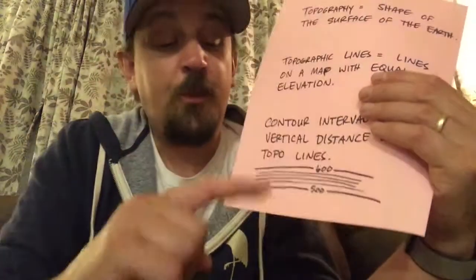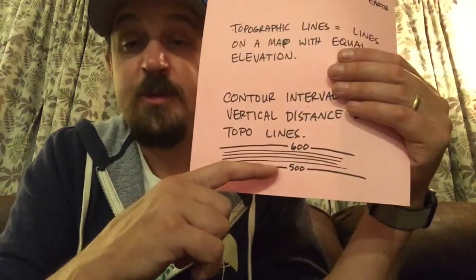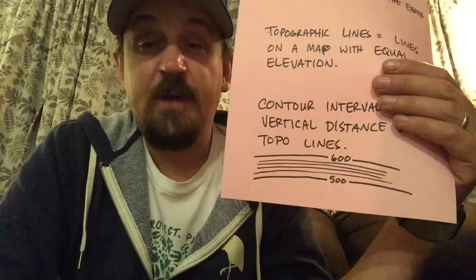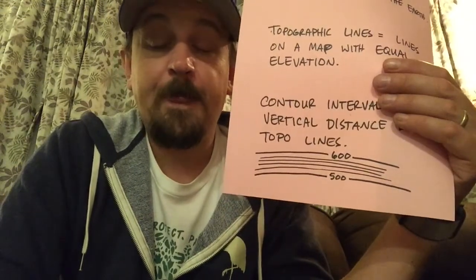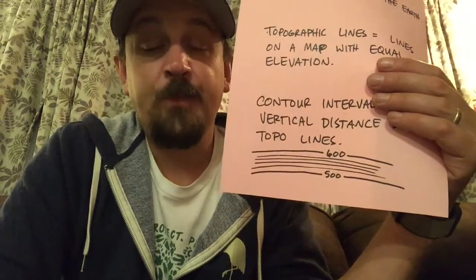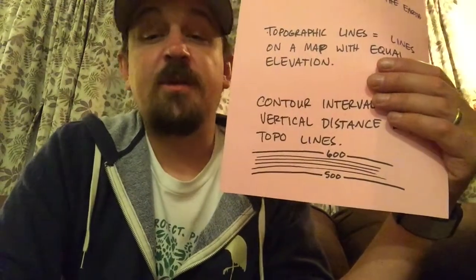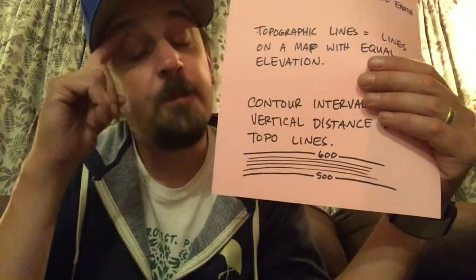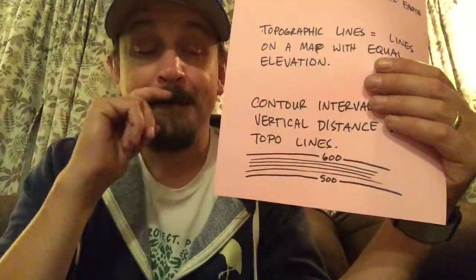If I have a point on this map that's between 500 and 520, I know that it is at least 501 feet, and I know that it's less than 519 feet, right? Because if it was 500, it would be right on this line, and if it was 520, it would be right on that line.